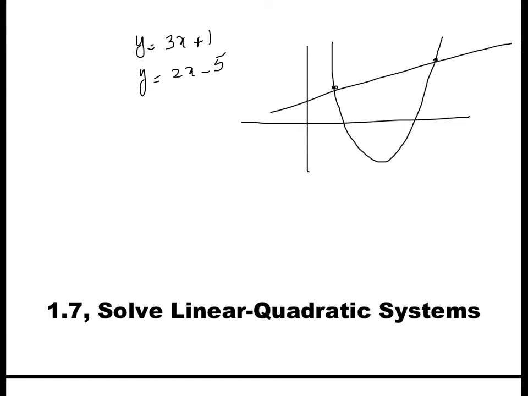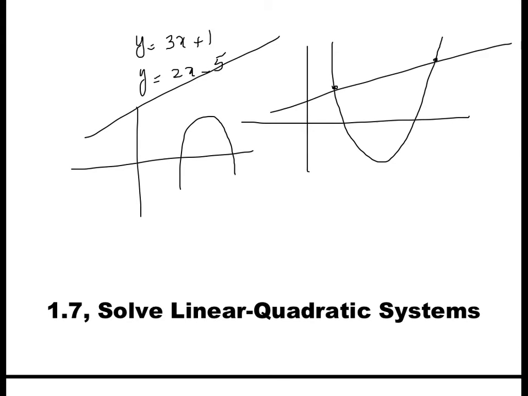You can either have the case that the two will never intersect, for instance, a case like this one, they never intersect. You can have another case that they intersect only at one point, like this one, this is the line, this is the point that they intersect. Or you can have the case that they intersect at 2 points, like this one.